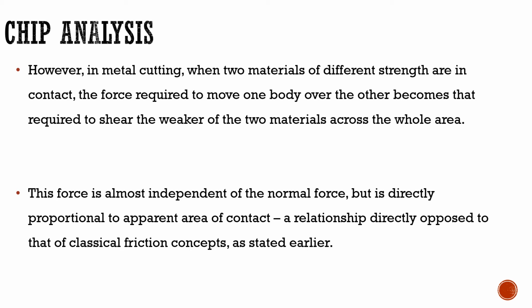And this friction force is proportional to the real contact area, and therefore also proportional to the normal force. In engineering sliding mechanisms, the coefficient of friction, that is F over N, is therefore a useful concept.